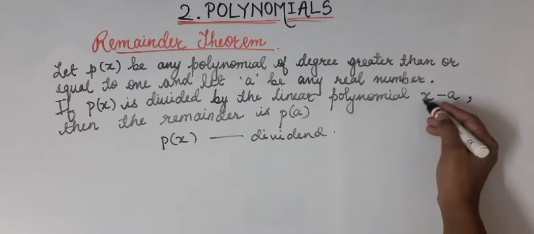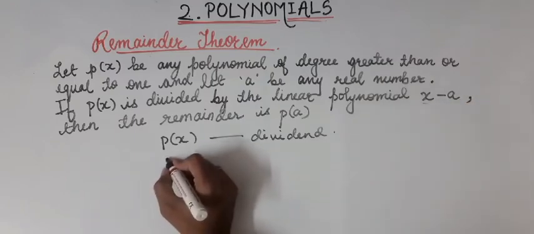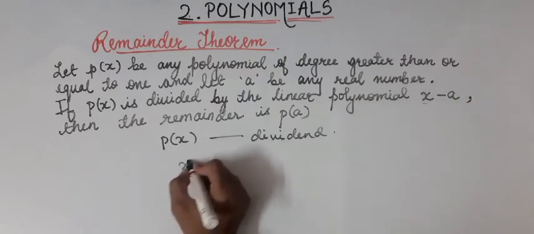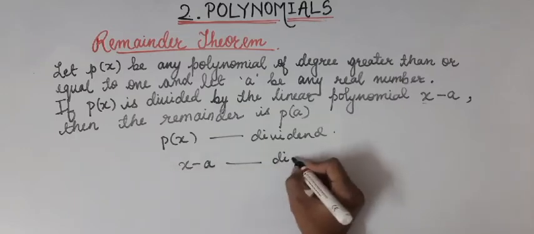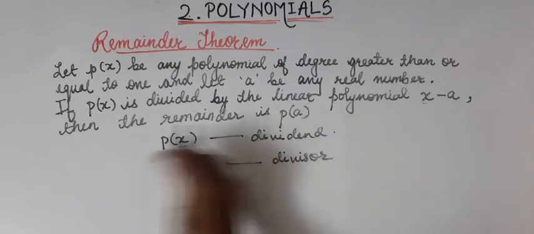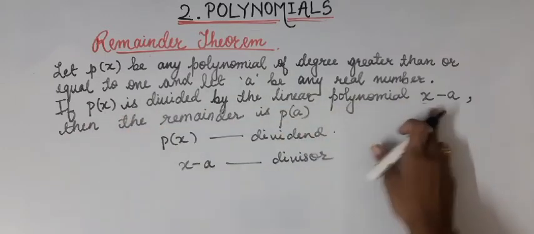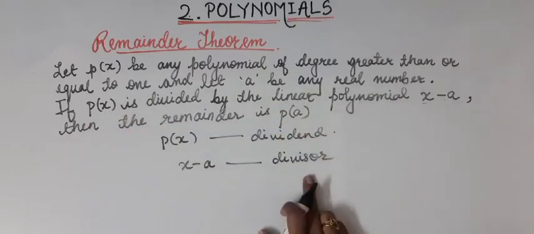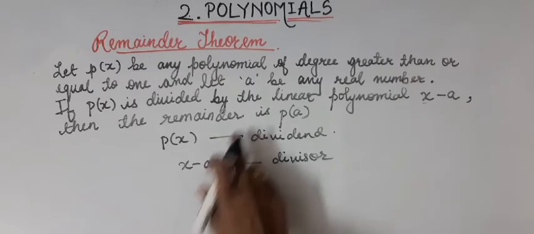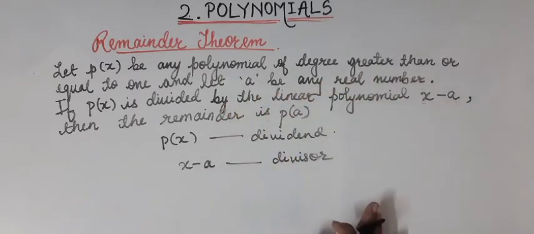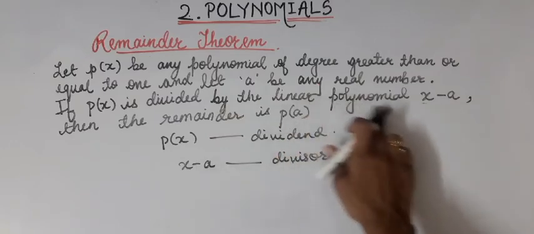What is that linear polynomial? x minus a. So x minus a is your divisor. It is already stated that a is any real number, and x minus a is a linear polynomial.